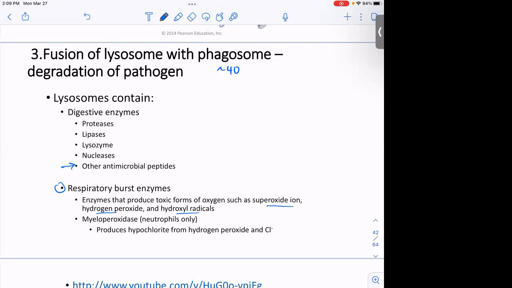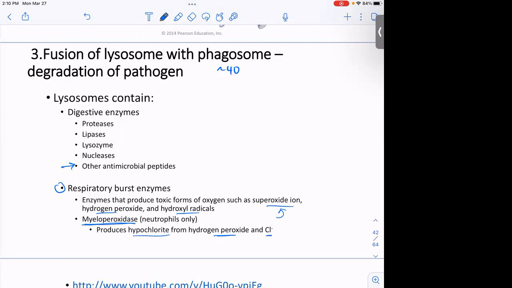They're going to grab electrons off of other molecules. So that causes damage to pathogens. Neutrophils have this really interesting enzyme called myeloperoxidase, which actually takes hydrogen peroxide produced up here by one of these enzymes and chlorine and makes hypochlorites.